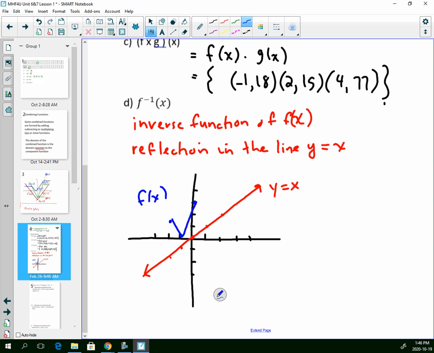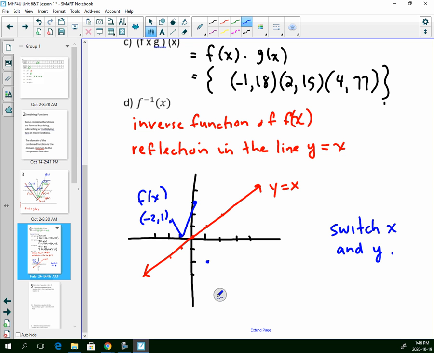In order to find the reflection in the line y equals x, since we're reflecting over that line, all we have to do is switch x and y to find the inverse. So this point here at -2, 1 gets switched to 1, -2.